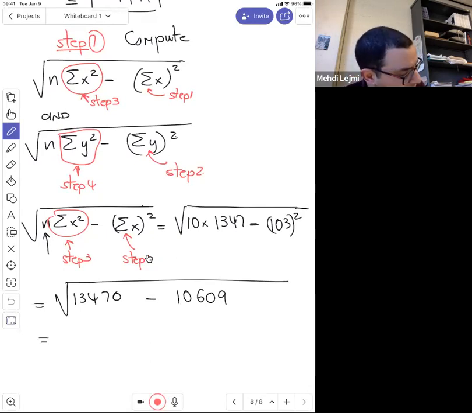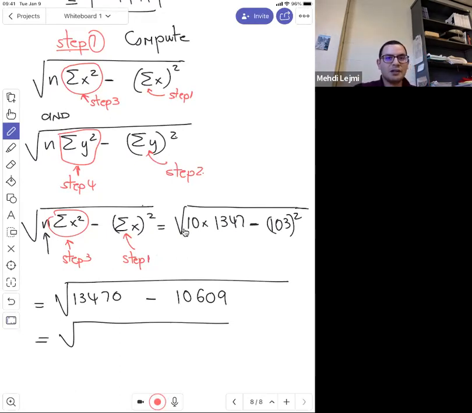Now you take the difference, then the square root. That's the last thing you do. So you take the difference between 13,470 and 10,609, which is 2,861. And then you take the square root of this number. Let me just find the answer.